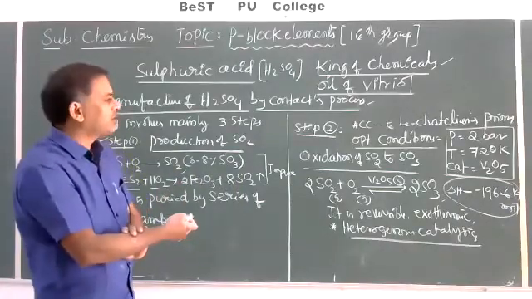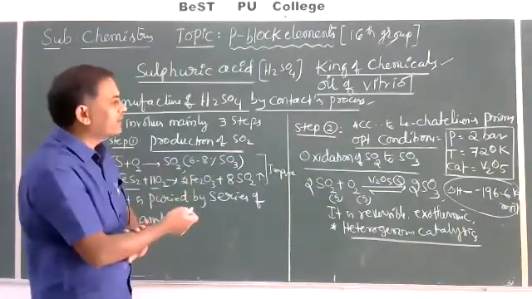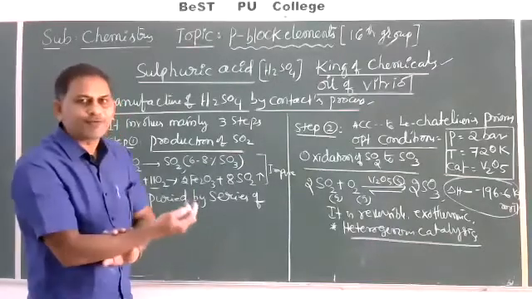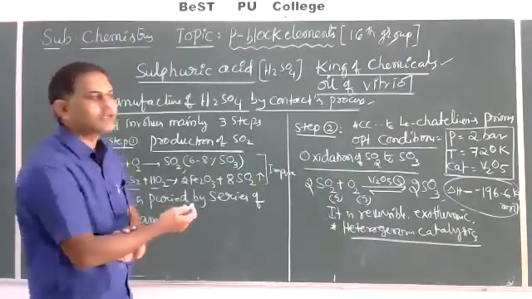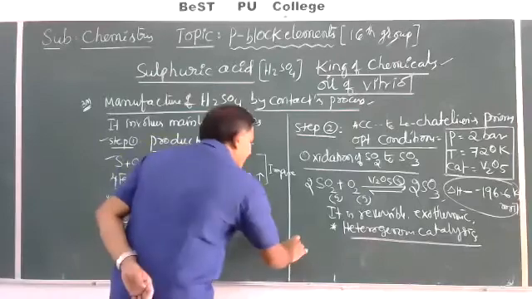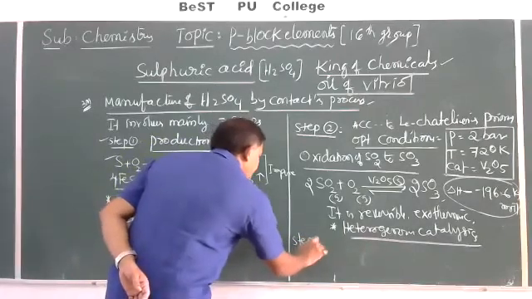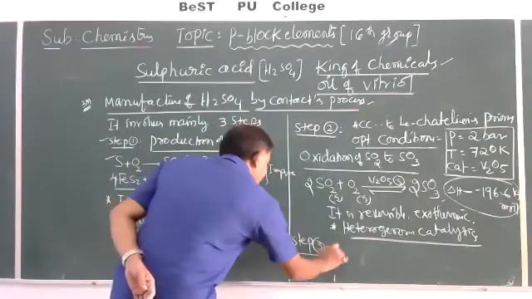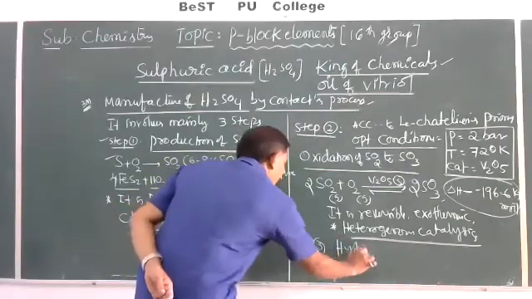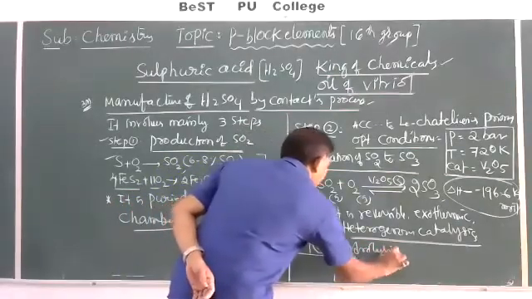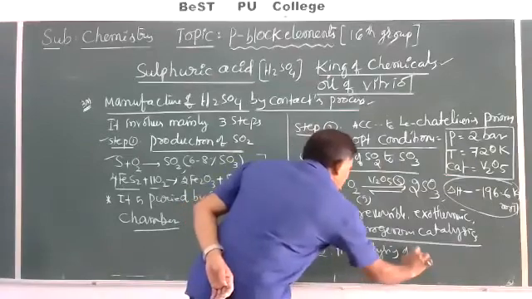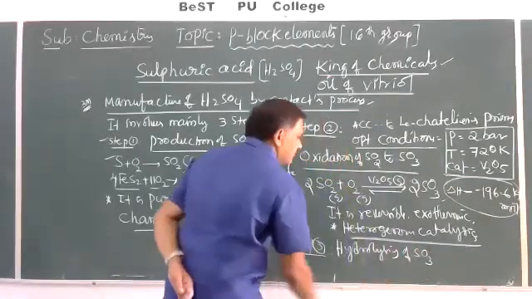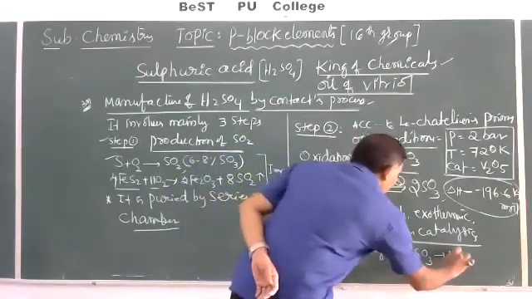Then finally, the third step is that sulfur trioxide is converted into sulfuric acid. That is hydrolysis of sulfur trioxide in step 3. Generally, it is not possible.